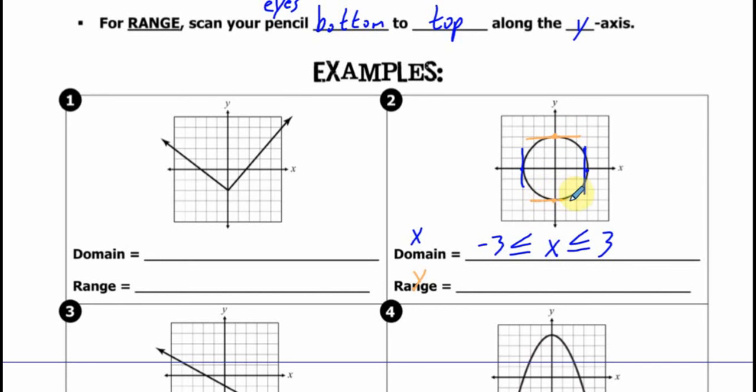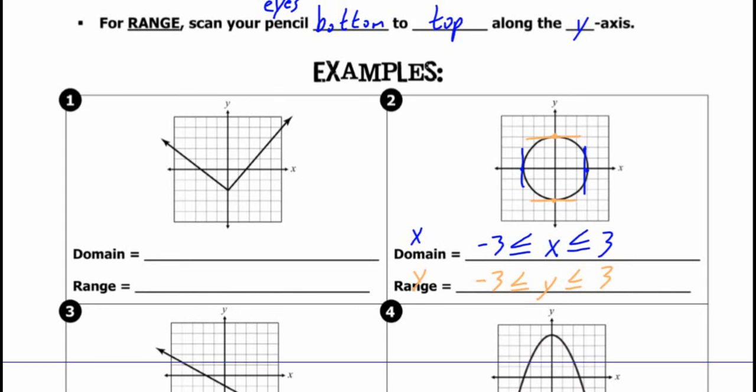Draw a line through it. Now this hits the y-axis at 1, 2, 3. This hits the y-axis at -1, -2, -3. So this one turns out to be the same. This one goes from -3 up to 3. So y has to be less than or equal to 3 and greater than or equal to -3.